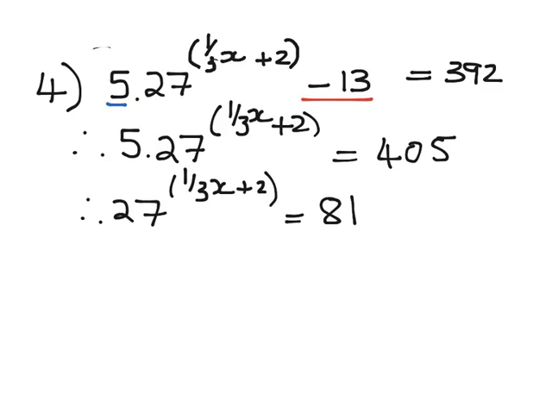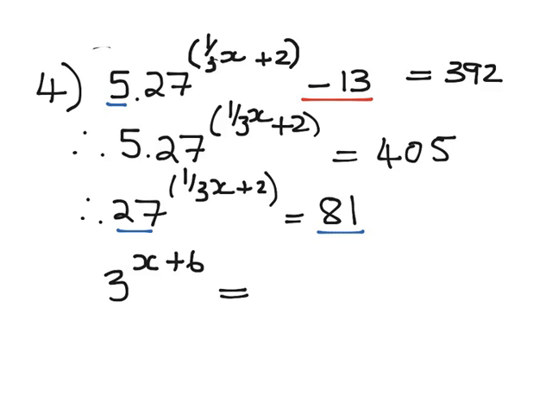Now we're going to reduce each of the bases to its simplest prime number. So 27 is 3 to the 3, and we're multiplying one step out into the brackets. So it's going to become 3 to the x plus 6, because 3 multiplied by a third is 1, and 3 times 2 is 6.